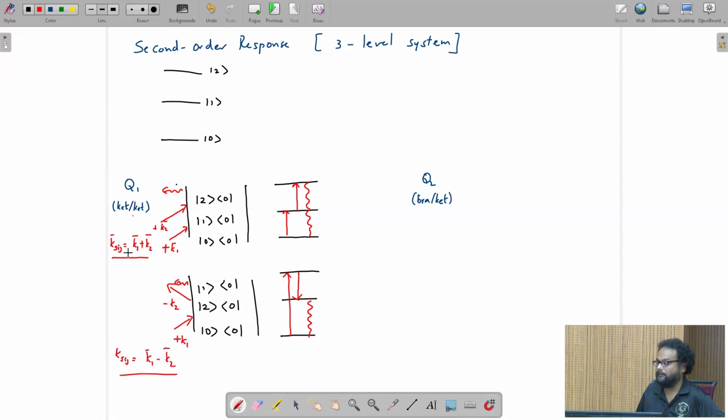So they will be emitted in two different directions. You can already start seeing how phase matching or phase control enables you to separate out different diagrams. The top diagram's correlation function will lead to a polarization which will emit signal at K1 plus K2, whereas the bottom one is going to emit at K1 minus K2.